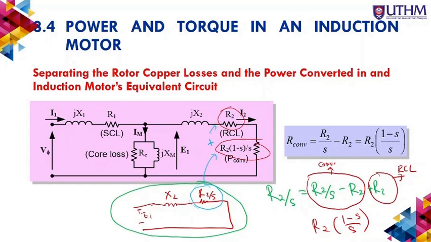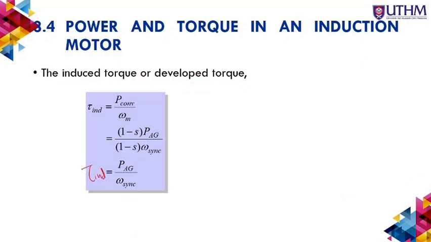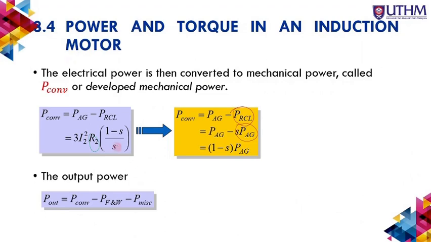So boleh nampak kat sini? Boleh. So boleh faham. So the R converted is equivalent to R2 minus S divide by minus R2, ataupun disingkatkan jadi itulah. R2 bracket 1 over S divide by S. So samalah dekat sini, nampak ni. Dia jadi sini. So dekat situlah dia punya conversion.